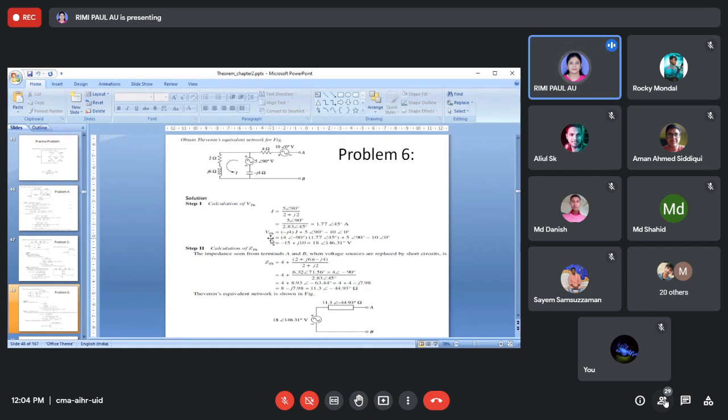Now what is VTH? VTH is this voltage drop across this path and the voltage source here, and there is 5 angle 90 minus J4I and minus 10 angle 0, the voltage drop across. Due to this voltage source, the current will be produced, but it will not flow through this branch because it's an open circuited path, right? So there is no drop across this resistance.